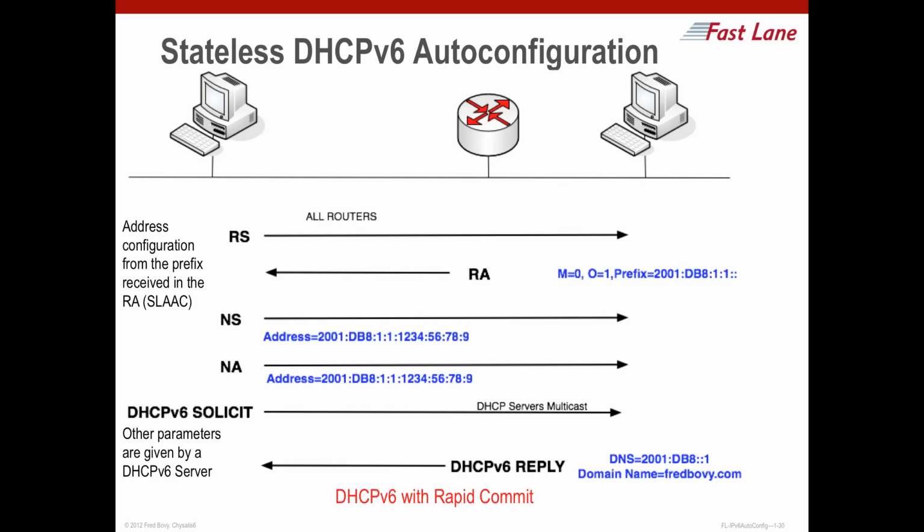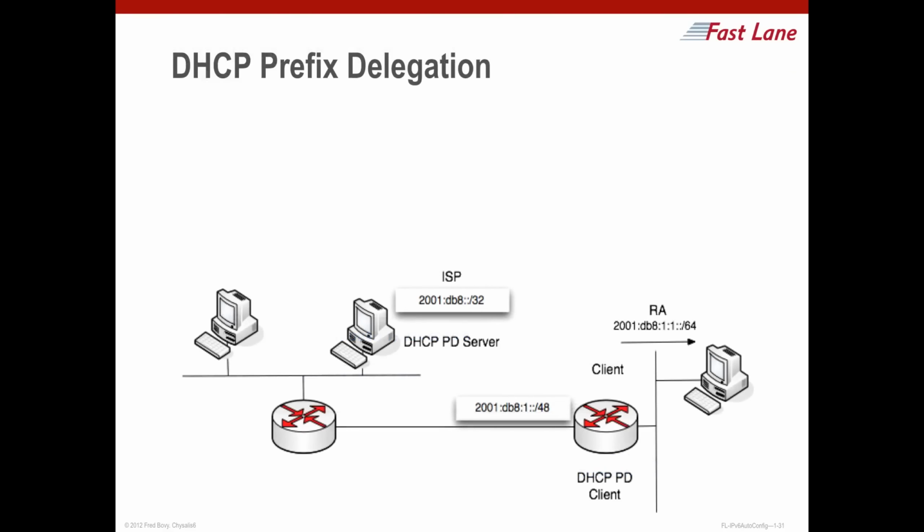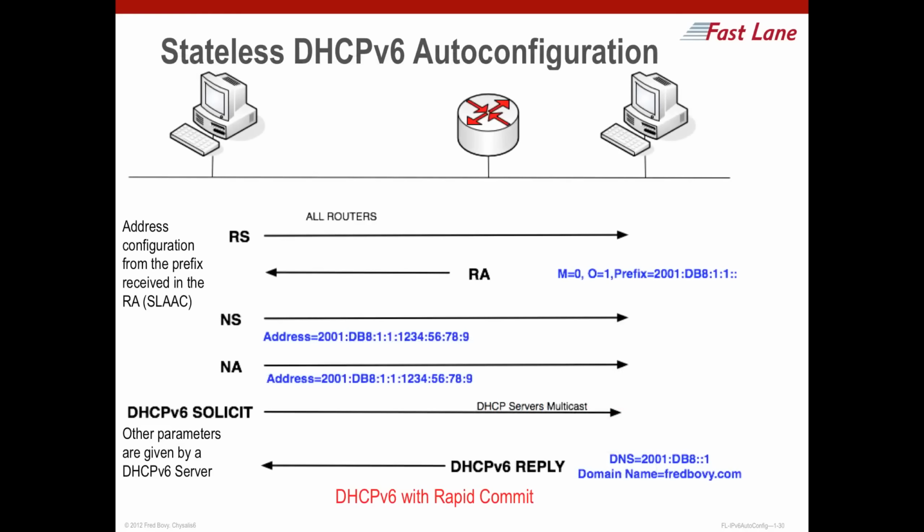The stateless DHCPv6 configuration is a hybrid solution where we don't want to use DHCP to configure addresses, so the addresses are derived from the router advertisement prefixes, and the rest of the configuration is actually provided by DHCPv6.